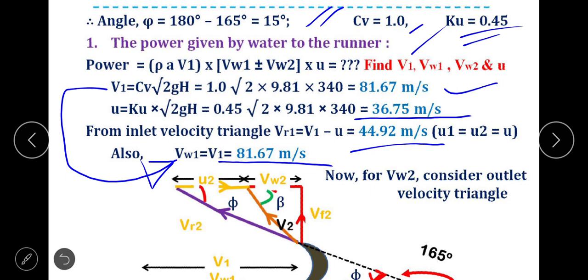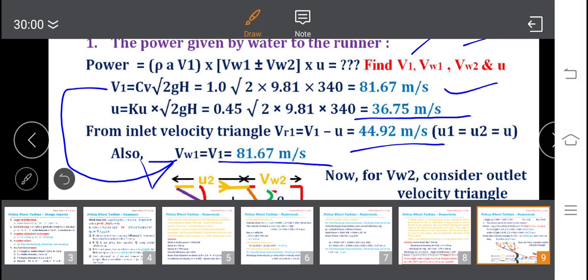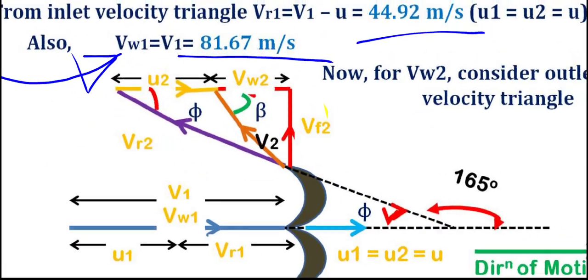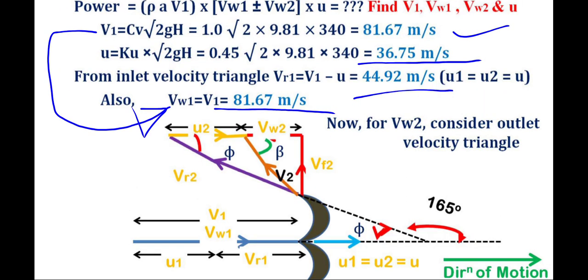Okay. Now the velocity triangle is written here. Let me push it upward so that you can see. Here, V1 is equal to VW1 at inlet, because the flow direction is straight and tangential. U1, VR1.